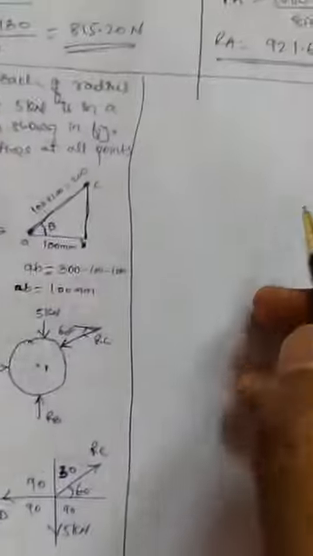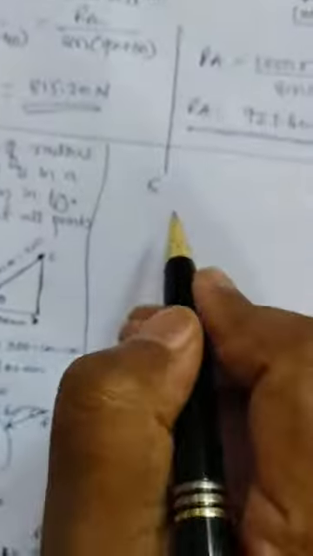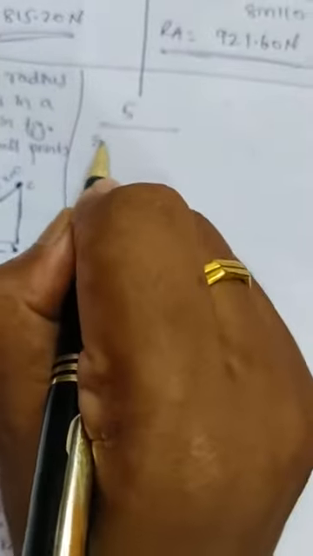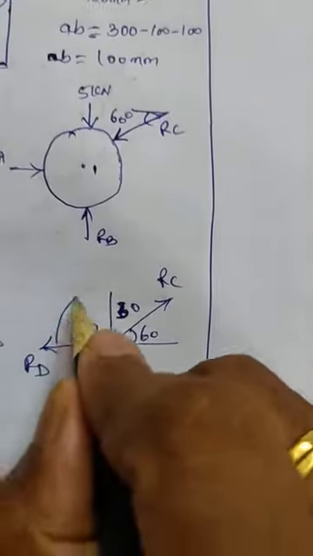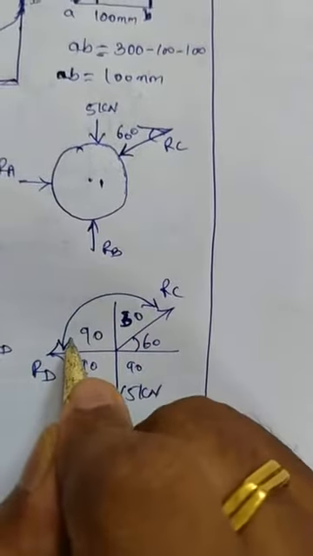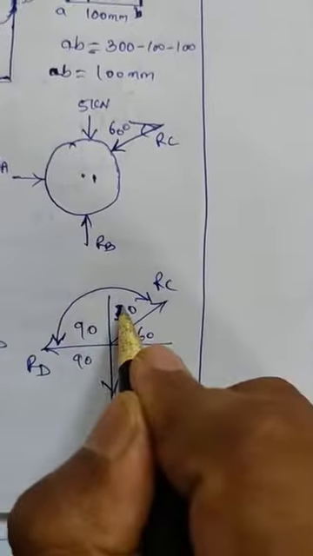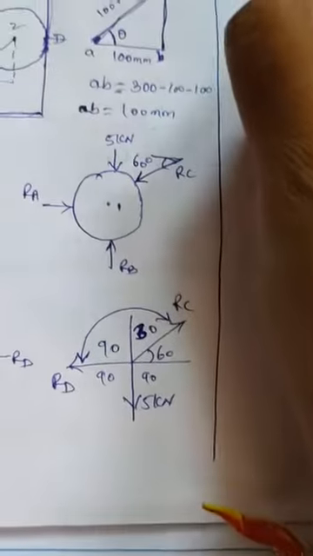When you apply Lami's theorem, first write the known force, which is 5 kilonewton, divided by sine of the angle between the opposite two forces, RC and RD. The angle between these two is 90 plus 30, which is 120.